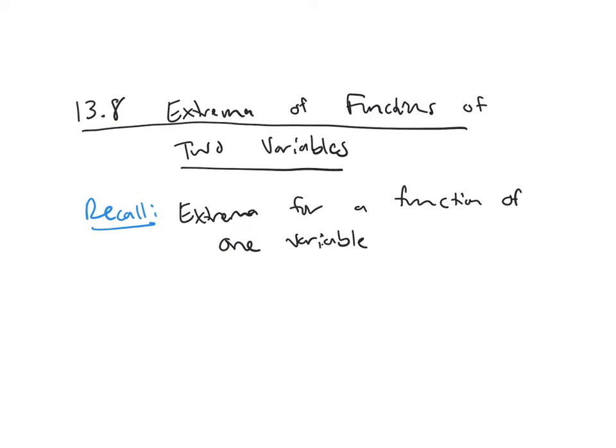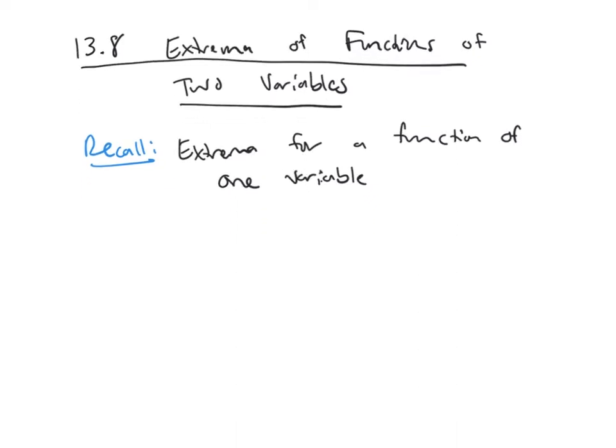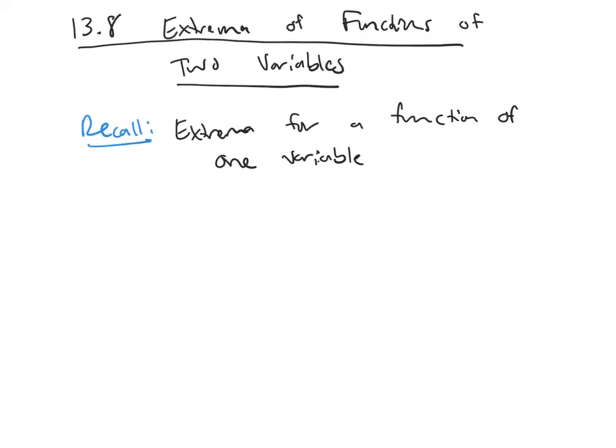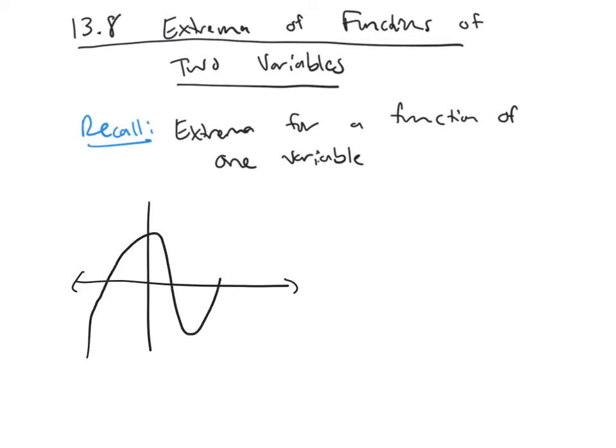So we're going to recall what you saw back in Calculus 1 when you discussed extrema. So let's say I have a function here. It looks something like this and that and that. Okay?